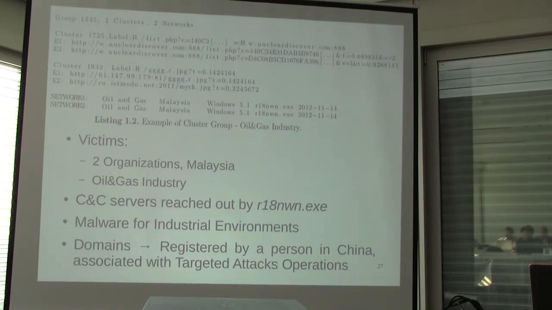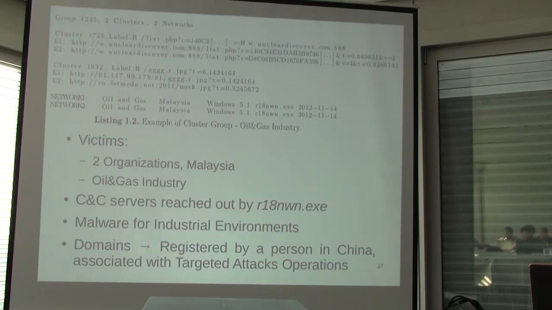If you look at DomainTools, a service on the internet that keeps a history of the registrants for a domain, you see that it was registered under the name of a Chinese guy who was also owning some other domains that were known in the past to be used in targeted attack operations.